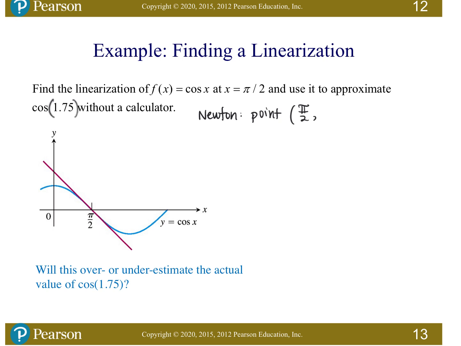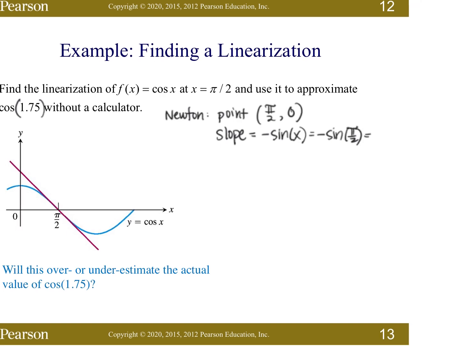What would the y value be for Newton's point? 0. Yep. Okay, Newton's slope is going to be using Newton's derivative. The derivative is negative sine of x, which is negative sine of pi halves, which is negative 1.